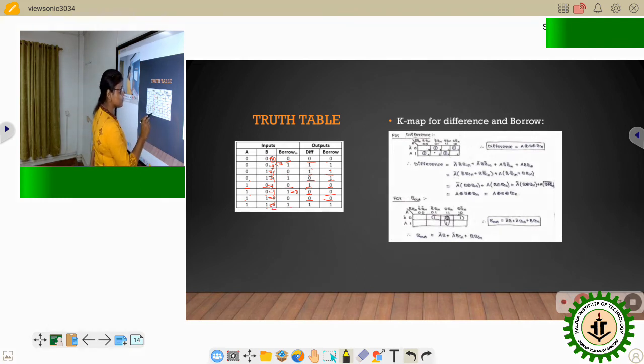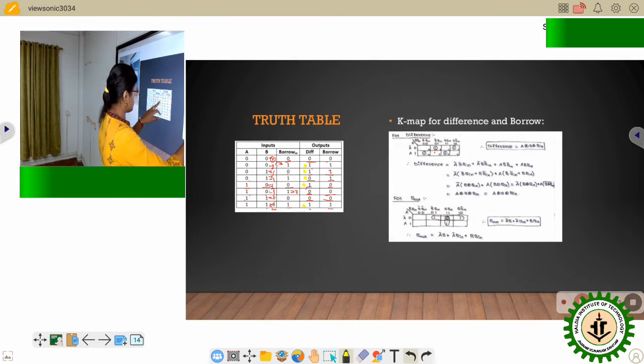Now I am drawing the K map. In the case of difference, we get 1 in the 1st place, next in the 2nd place, next in the 4th place, and next in the 7th place.